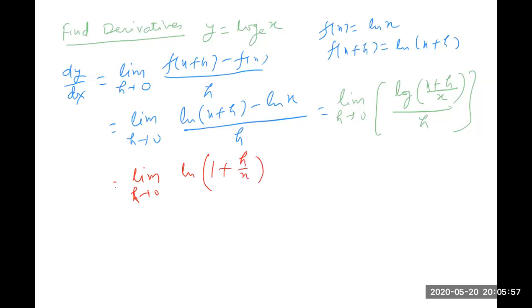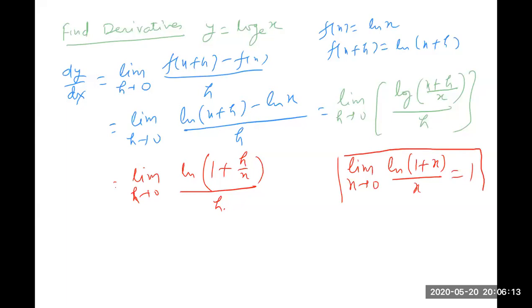See, now in NCERT one formula is there, a direct application of that formula: limit x tends to 0, log(1 plus x) upon x is equal to 1. This was in your 11th class NCERT.